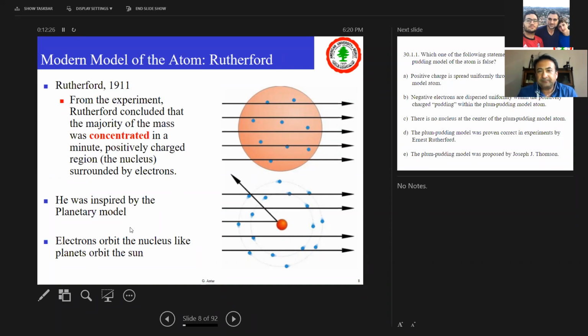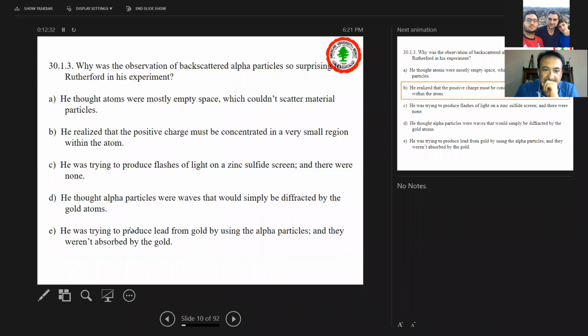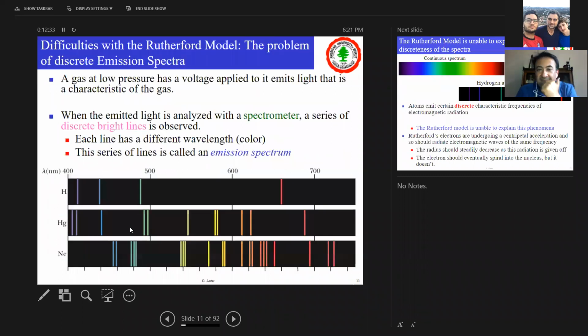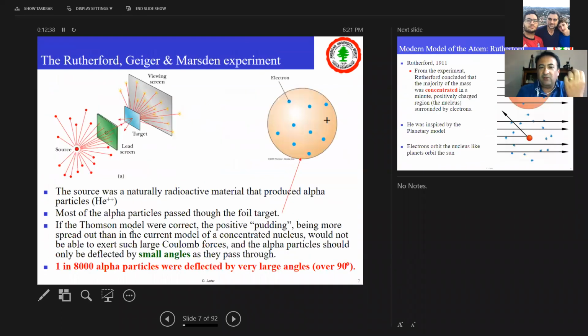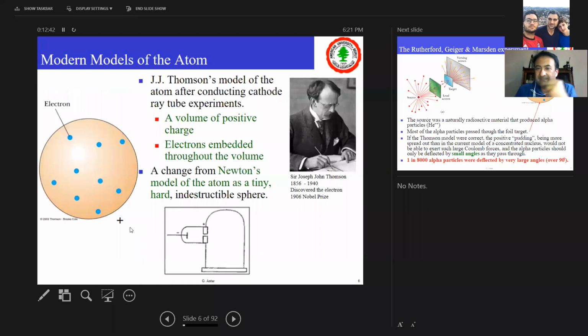Okay, so Newton, Thomson, Rutherford. Now we come to a different issue. I hope that you can see that you have an idea. You have an experiment, and this experiment challenges this idea.